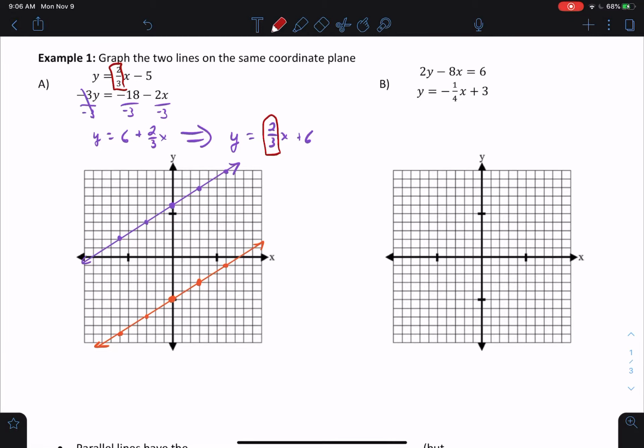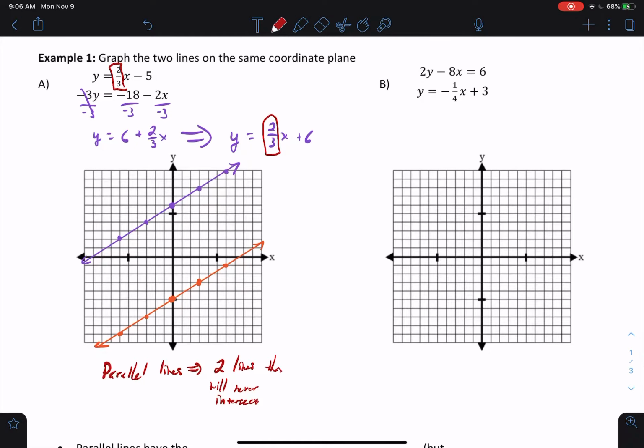All right, and you notice when I graph these, the lines are never going to intersect. Okay, so those are parallel lines. These are two lines that will never intersect.